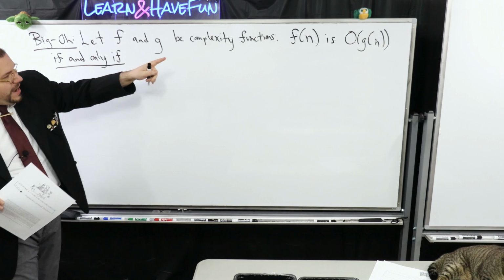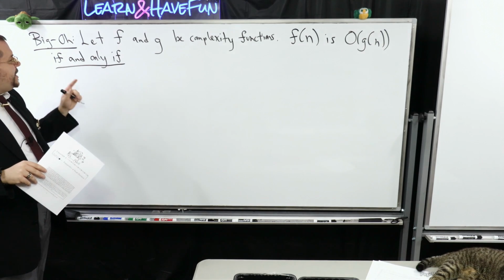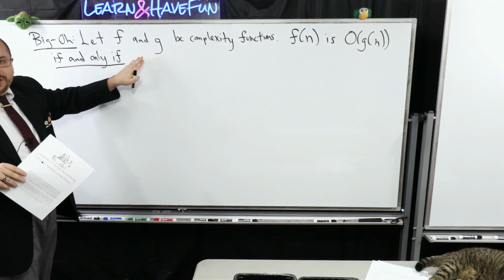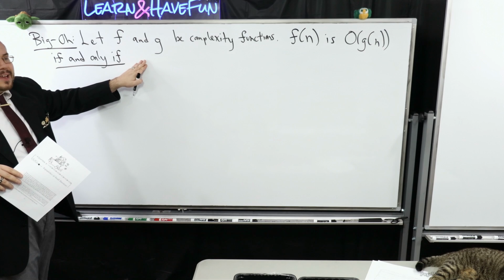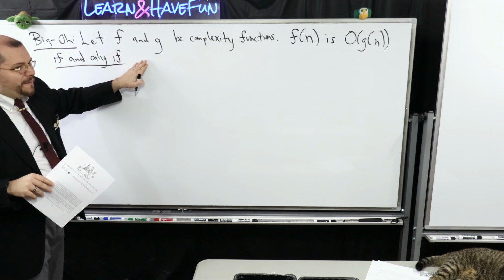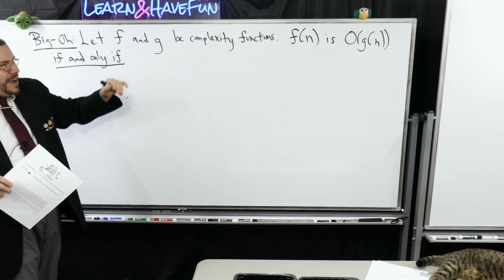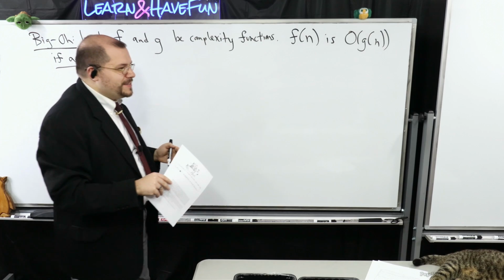So if f is big O of g, whatever follows here also has to be true. Likewise, if this is false, that means that f is not big O of g. Okay?